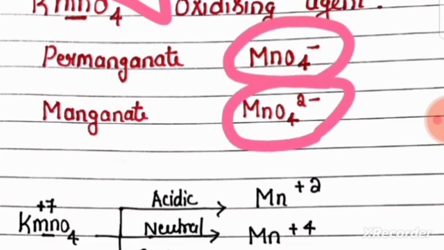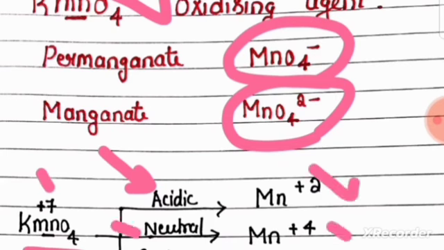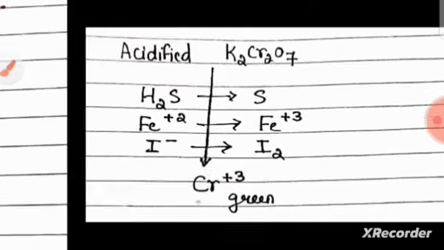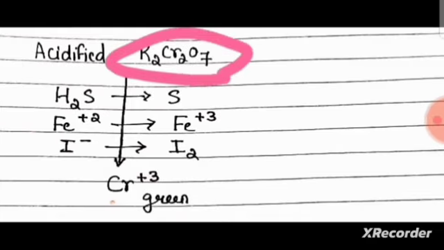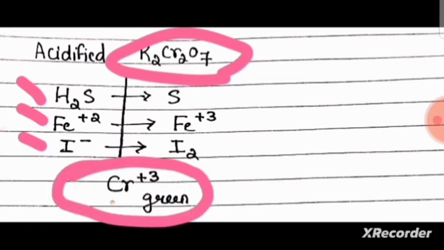If you treat potassium permanganate in acidic medium, the +7 oxidation state decreases to +2; in neutral solution, +7 changes to +4; and in basic medium, from +7 to +6. Then acidified potassium dichromate K2Cr2O7 is also a good oxidizing agent. You can see here how it oxidizes H2S, Fe2+ and I-, and after reduction it converts to the green colored Cr3+ ion.